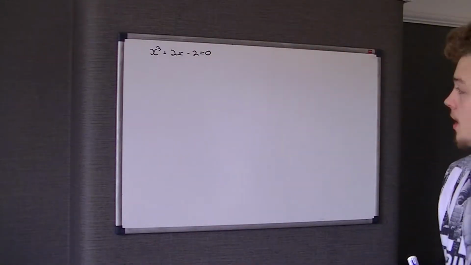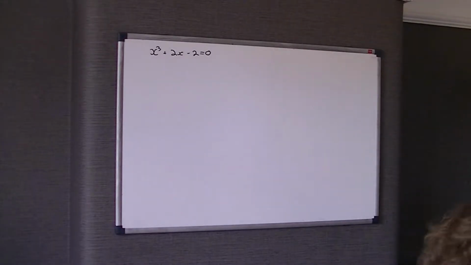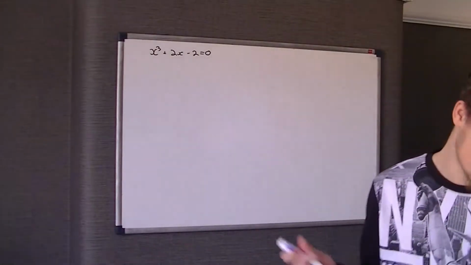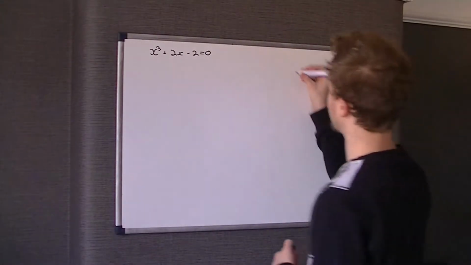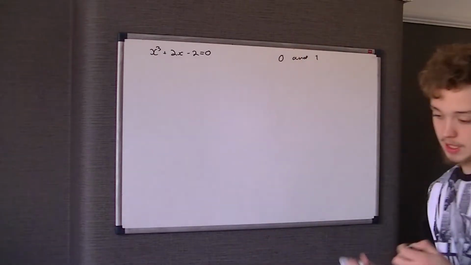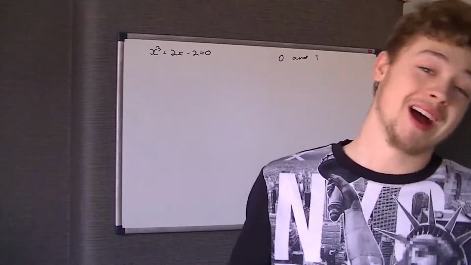Generally, when you're using this method, you'll be told two extremes. You're told the interval lies between, in this case, 0 and 1, and you'll be told what degree of accuracy you want.